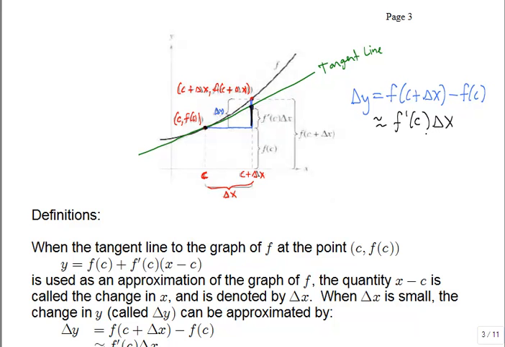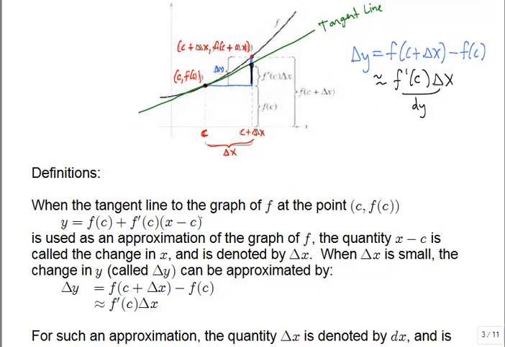So this is called the differential of y, and it's called dy. Okay, we'll get to that in a moment. But the differential is the change in the points on the tangent line compared to delta y, which is the change in the points on the actual curve itself. Okay, so let's talk through these definitions really quickly here.